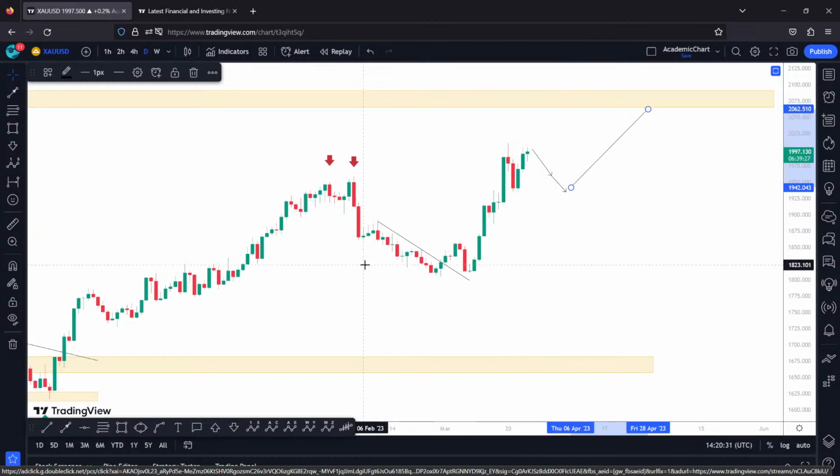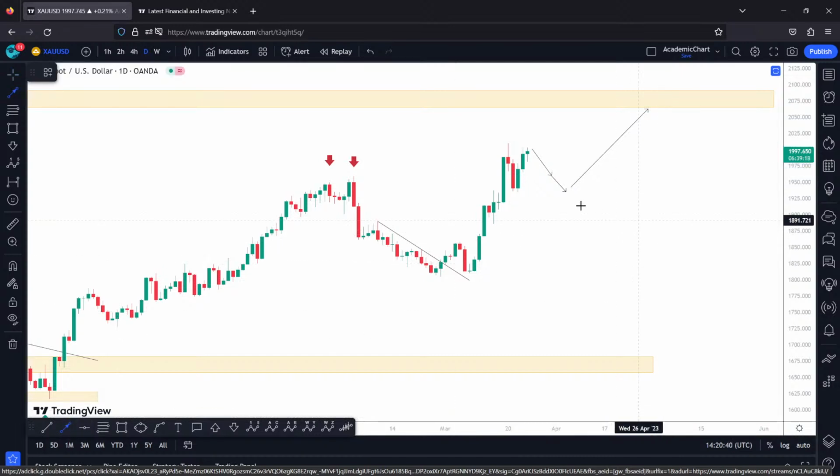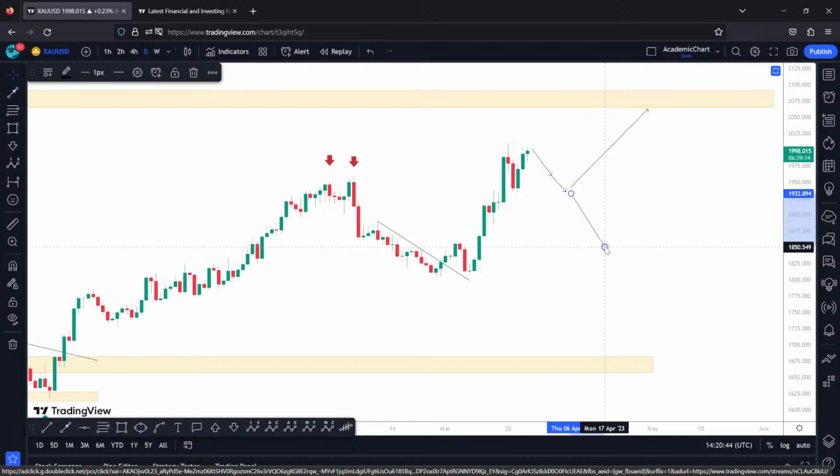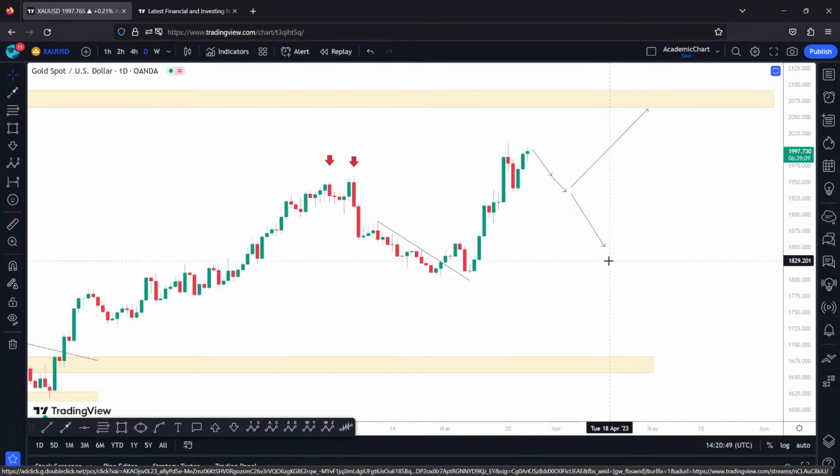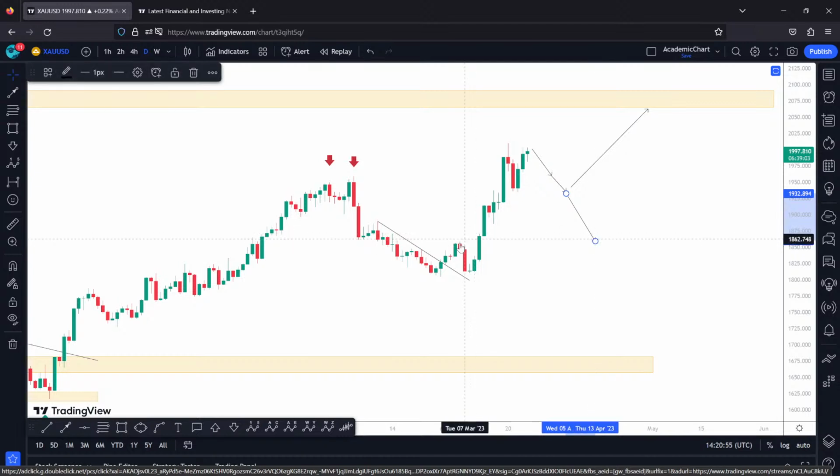But if we actually see a very powerful improvement in the US dollar, which I don't know if it really can happen, then gold will continue its reversal, this corrective structure, maybe to a lower level according to Fibonacci extension rules, maybe to 61 percent or something like that.